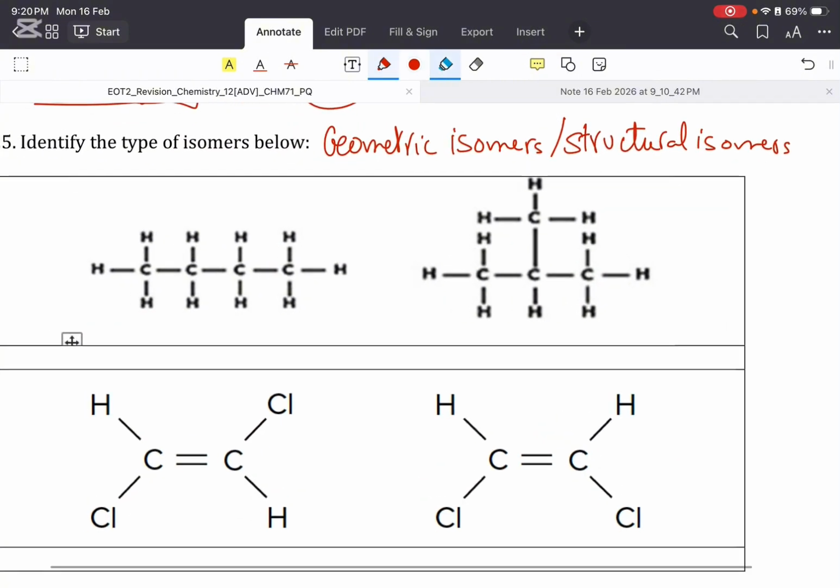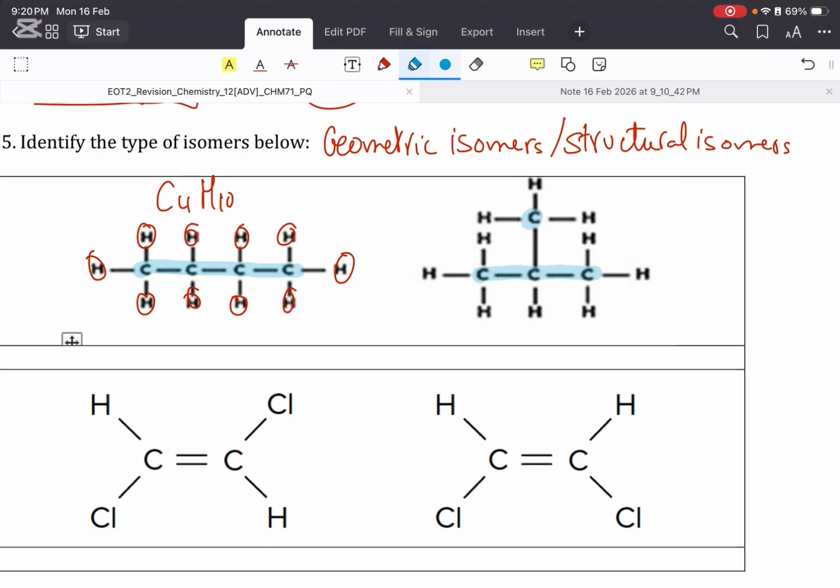So let's look at this one. I have 4 carbons and I have 10 hydrogens. If you count the hydrogens, you'll find that they are 10. Moving here, I have 3 and that's the 4th carbon, and I have 10 hydrogens as well.